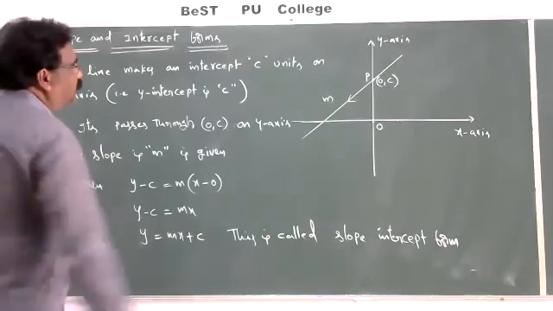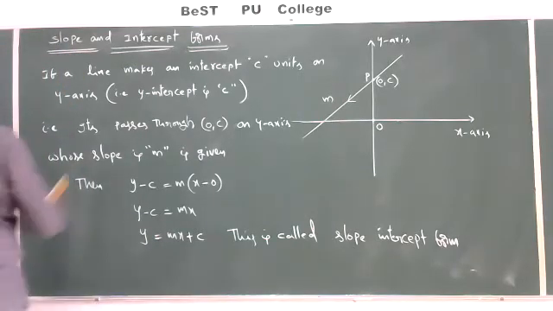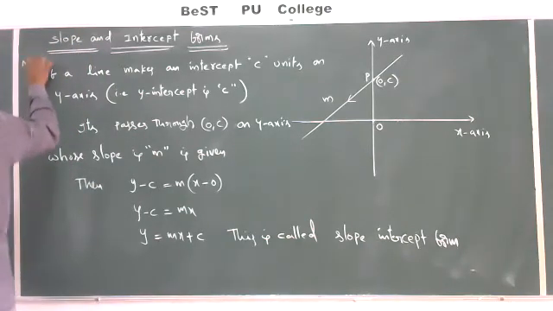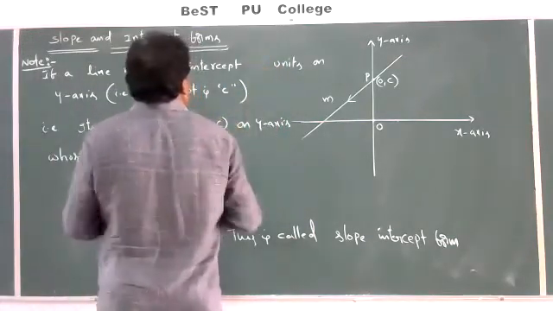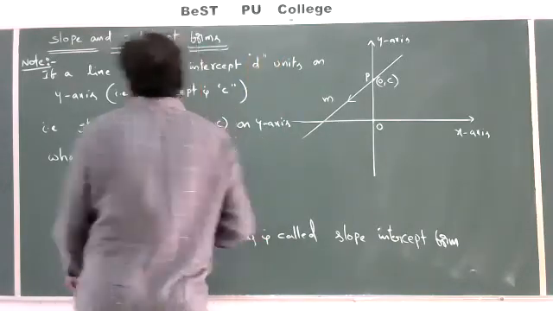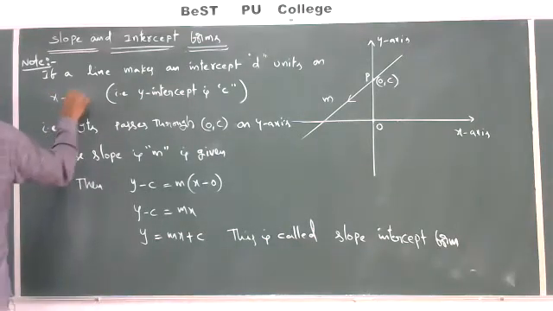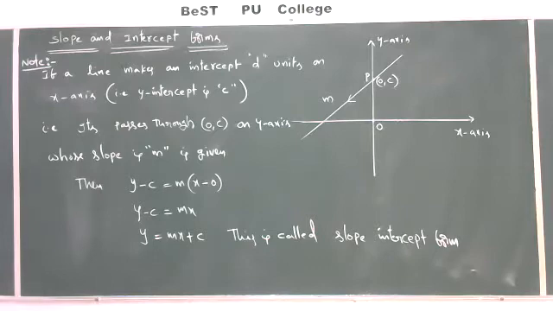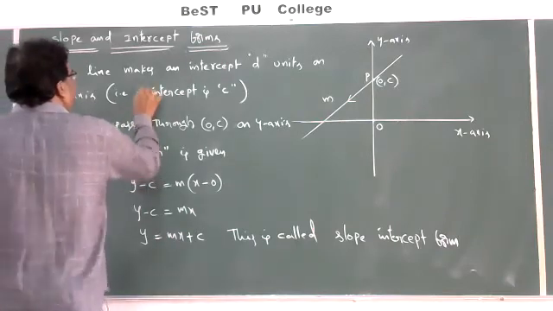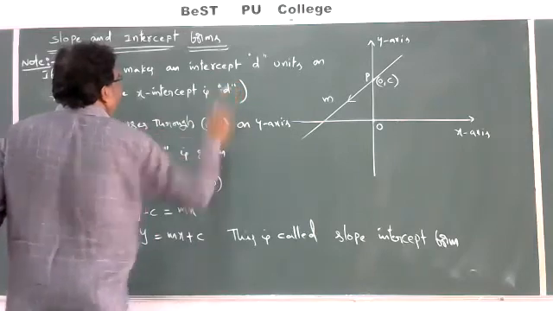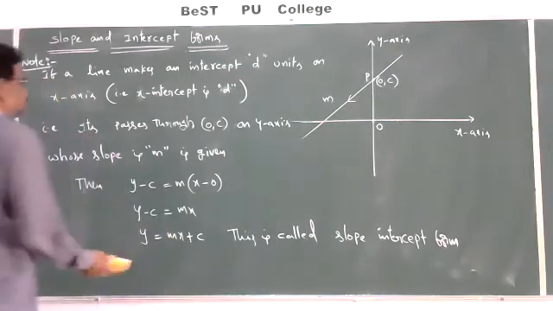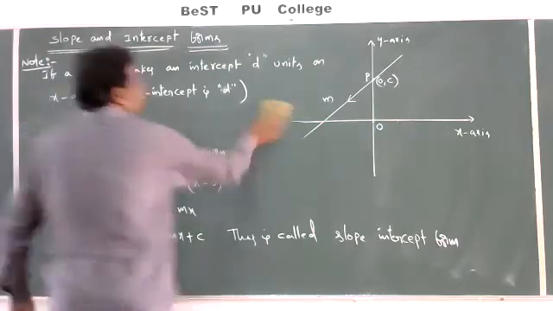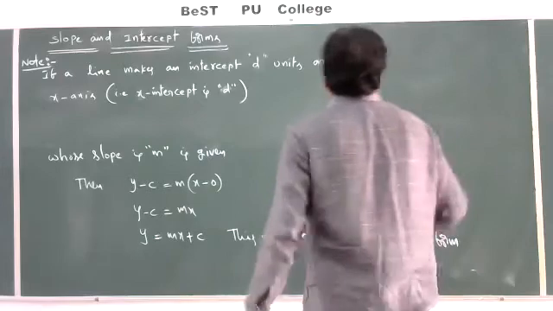Here, note one point. If a line makes an intercept of d units on the x-axis, that is, the x-intercept is d, the figure is like this.